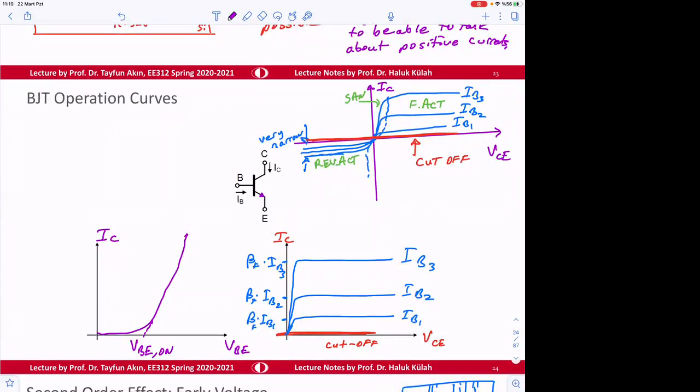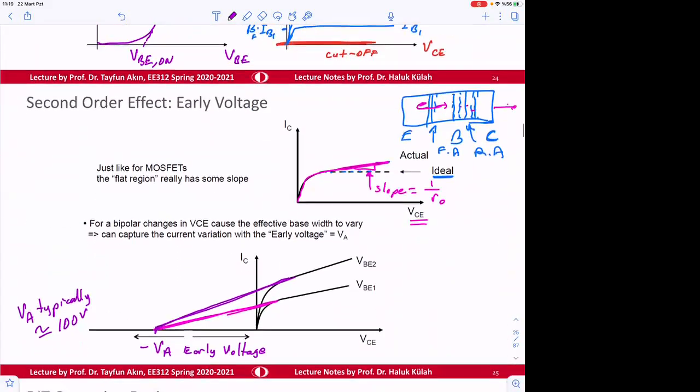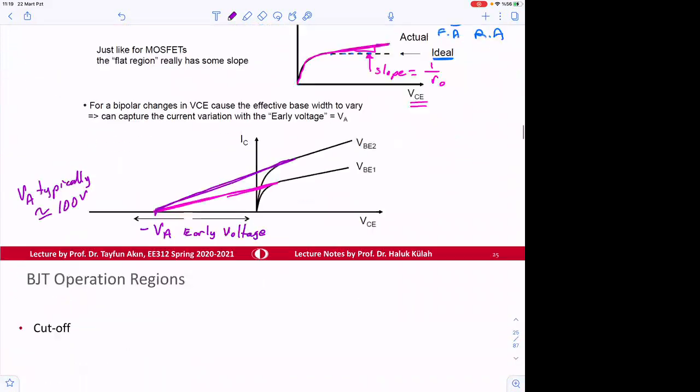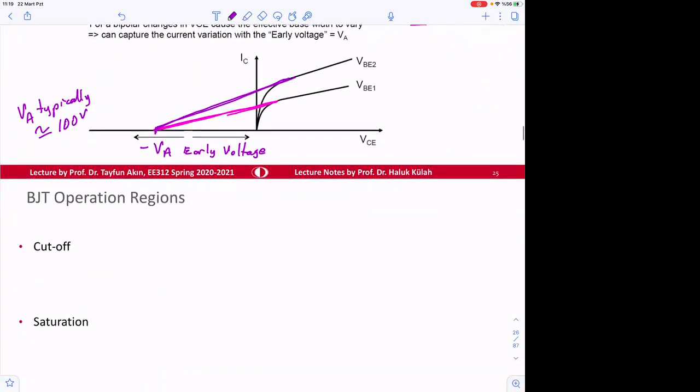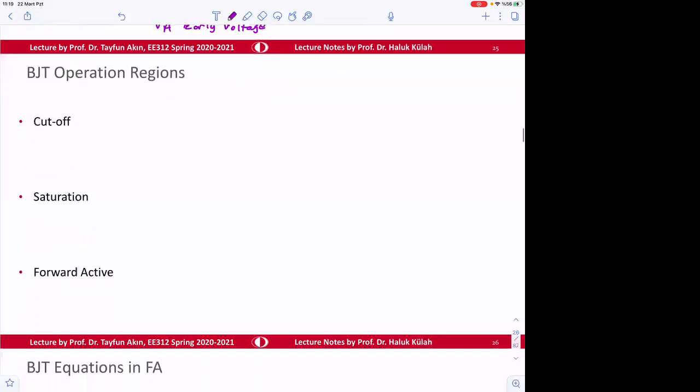We can model each of these regions: cutoff region, forward active, saturation, and reverse active regions can be modeled. The same way we did the modeling for the diode, we will be modeling them, and then for simplicity, we will be using those models.